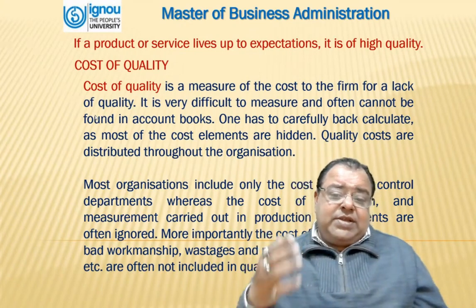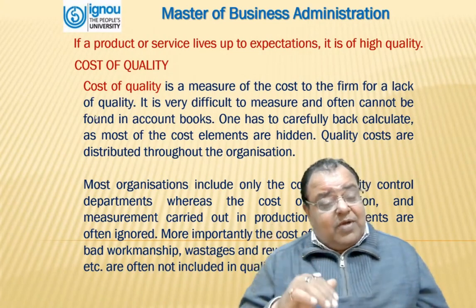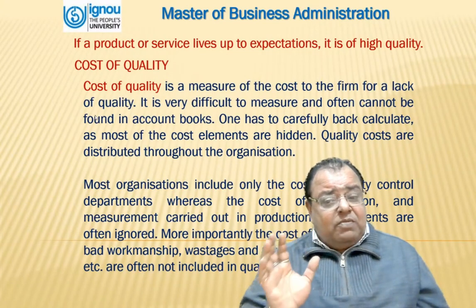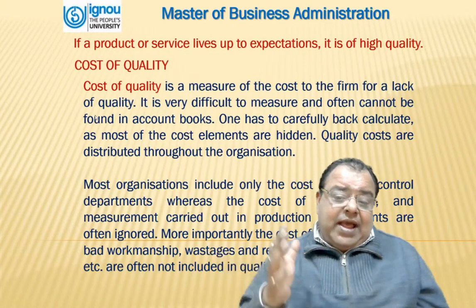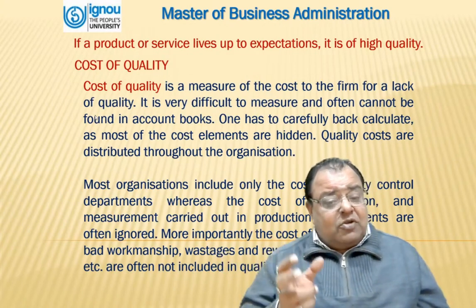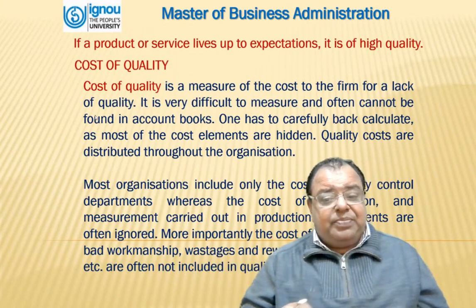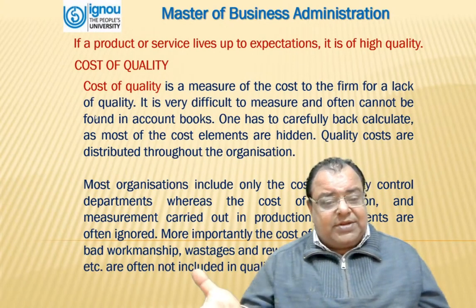Cost of quality is a measure of the cost to the firm for a lack of quality. It is very difficult to measure and often cannot be found in account books. One has to carefully back calculate as most of the cost elements are hidden. Quality costs are distributed throughout the organization.